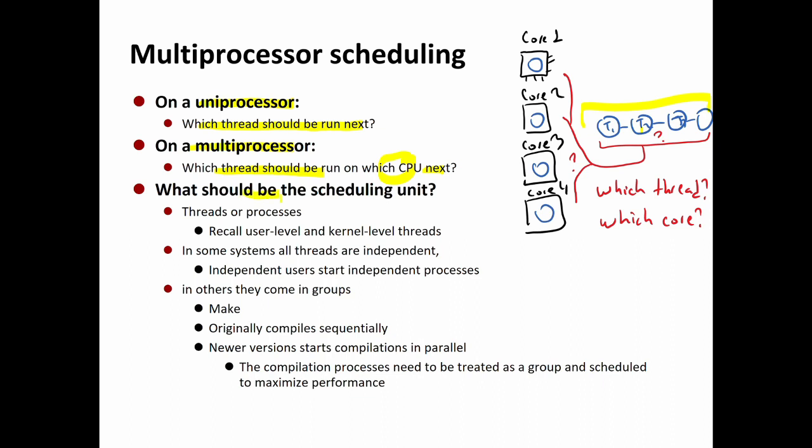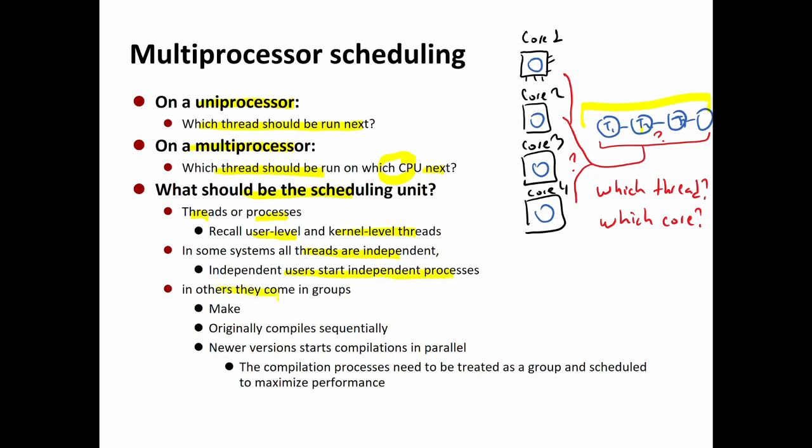And what should be the scheduling unit? Should it be threads or processes? Remember that in the case of user level threads, you cannot distinguish them, while with kernel level threads, we can. In some systems, all threads can be independent. You can start different threads, and independent users may start independent processes.